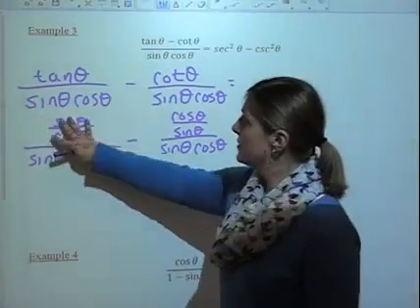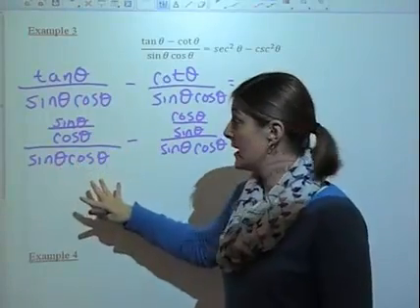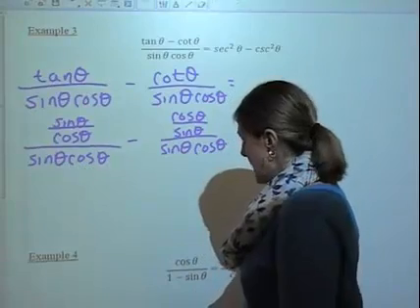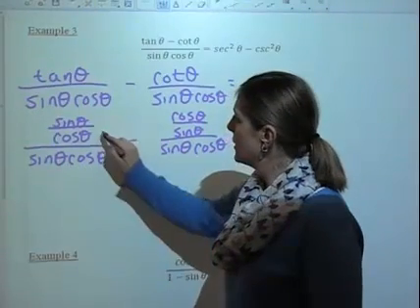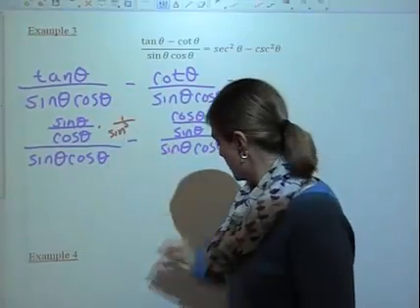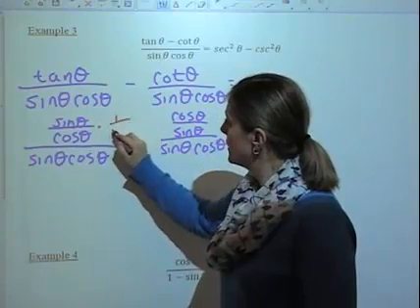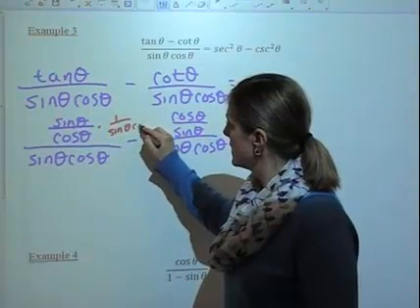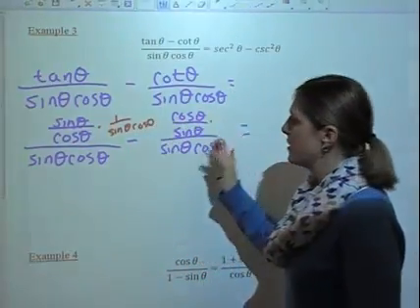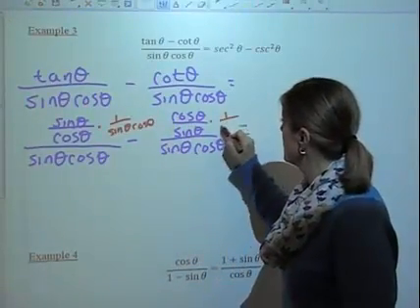So when you divide sine over cosine by sine times cosine, that's really like saying we're going to multiply this by 1 over sine cosine. And then the same thing over here. When you're dividing by this, it's the same thing as multiplying by the reciprocal.